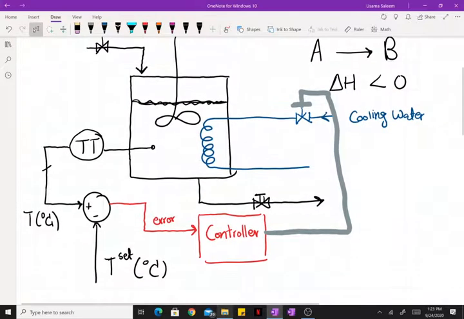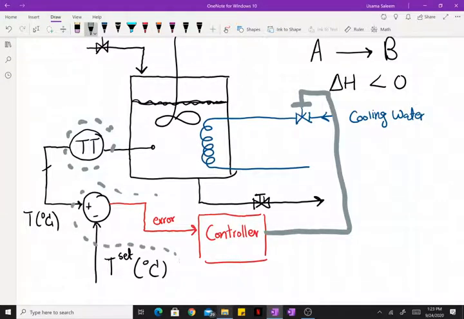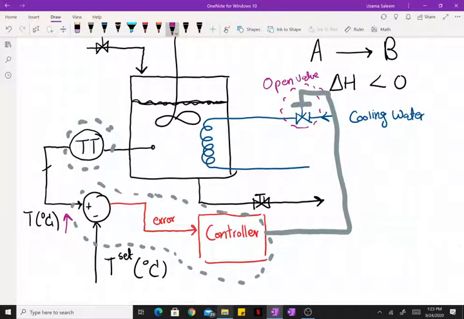So we measure the temperature, we compare it with our set value and take an action on the error, and then we adjust the position of the valve. So if the temperature goes up, you want to open the valve, and if the temperature is getting too low, you want to close the valve so that you are within the desired range of operability.